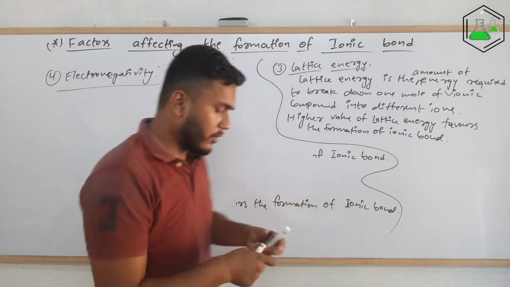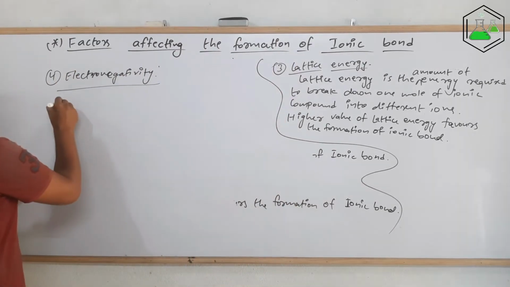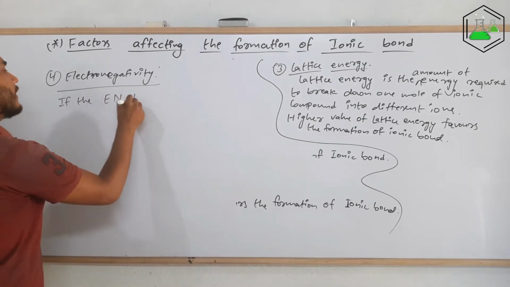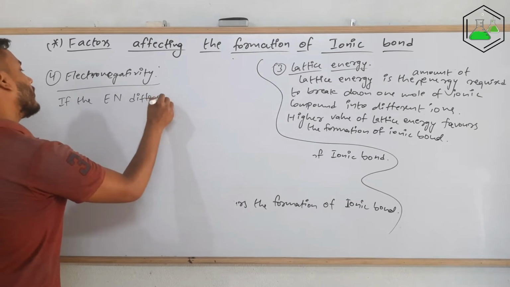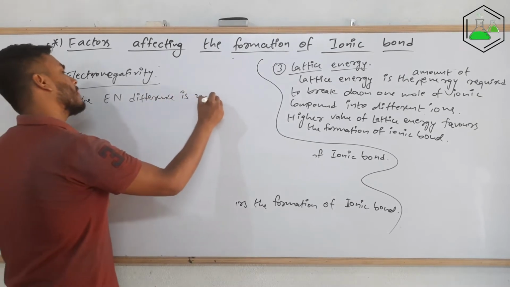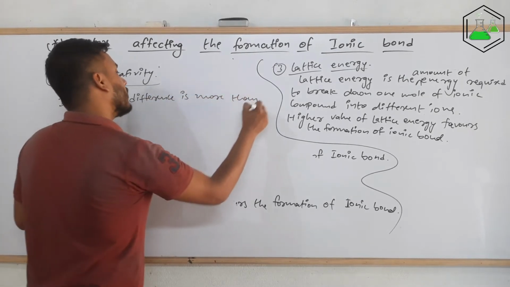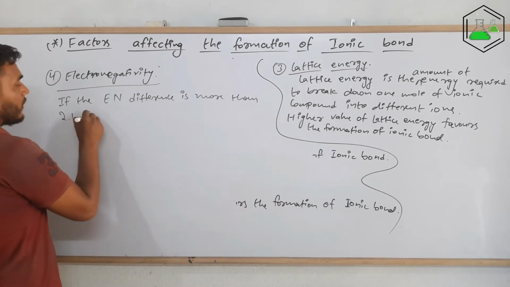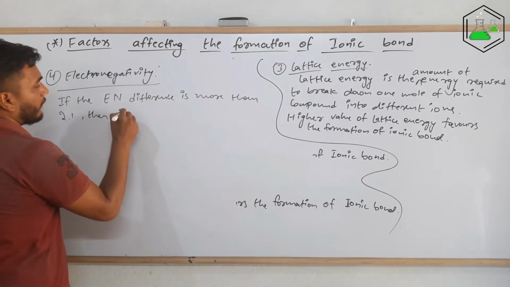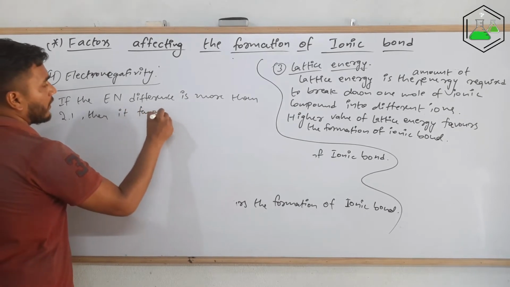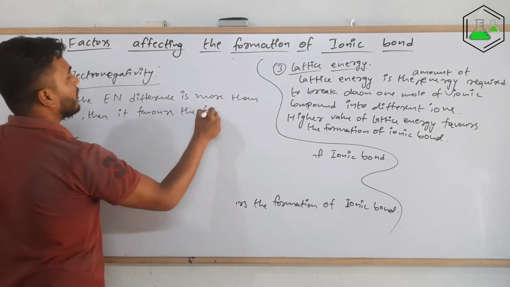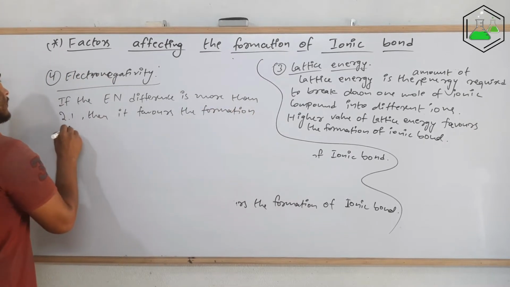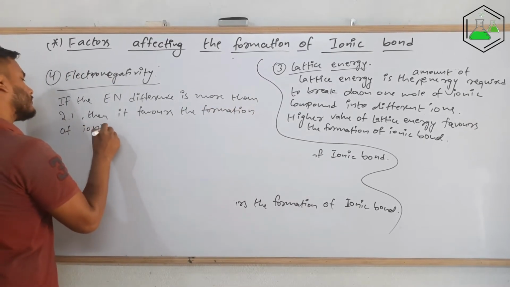formation of ionic bond. Let me write it over here. If the electronegativity difference is more than 2.1, it is considered to be 2.1, then it favors the formation of ionic bond.